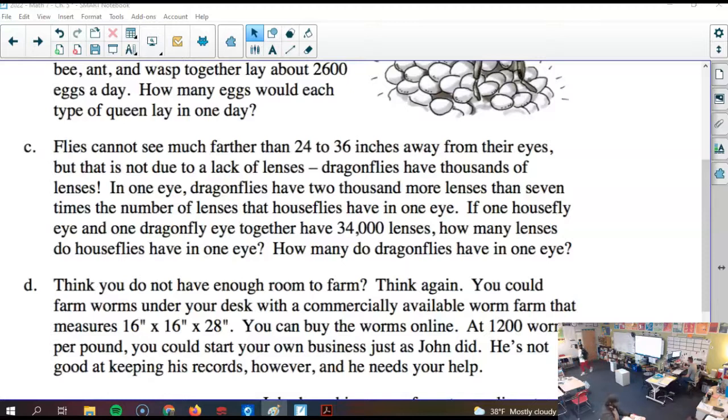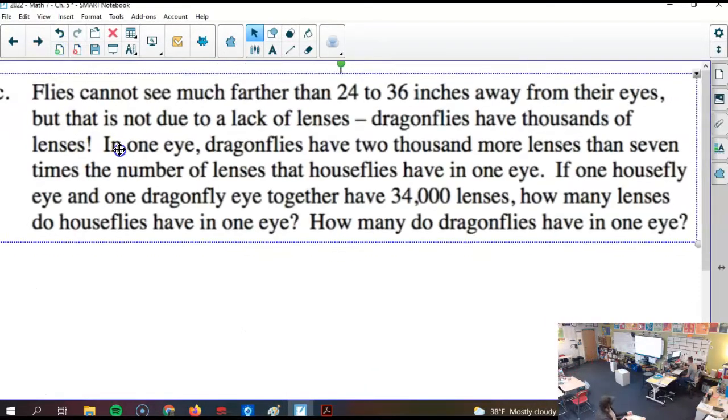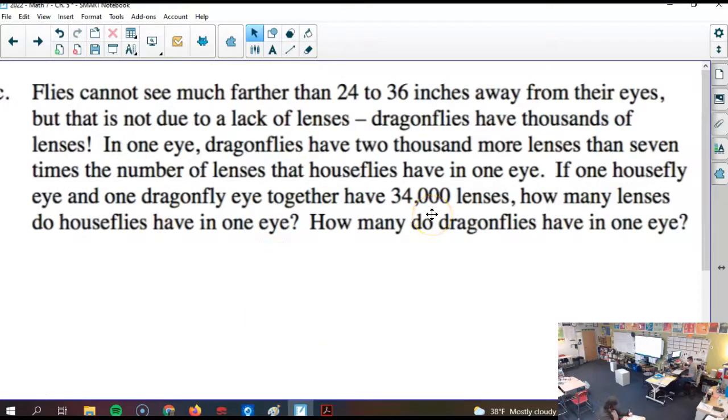We could do project 150. Chat with your team real quick about what you would highlight and write down, and go ahead and start writing that down. Not like copy the words, we're going to write down the math.